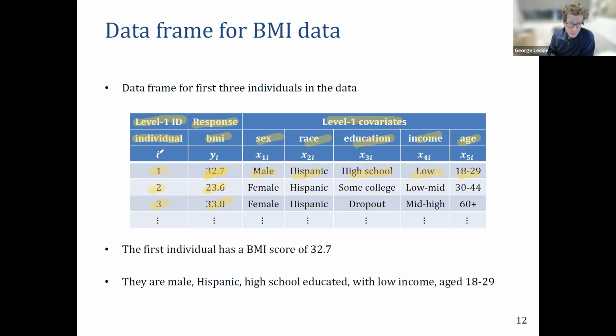We index individuals mathematically with the subscript i equals 1, 2, 3, up to 33,000. The outcome is denoted y sub i, the outcome for individual i. And then our 5 explanatory variables are x1, x2, x3, x4, x5, all with i subscripts because they vary across the individuals.